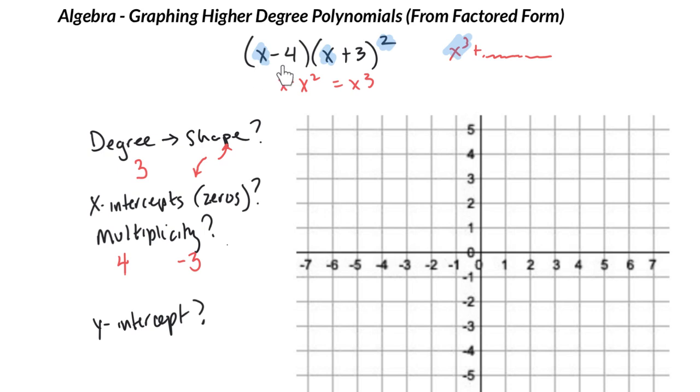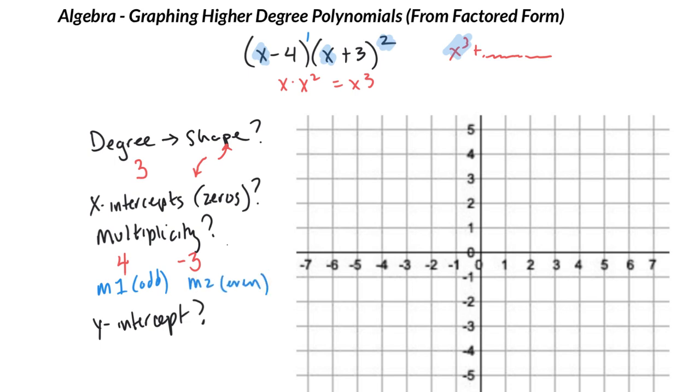This one is x minus 4, and there's nothing written here, and if there's nothing written, we assume it's to the first. So it's got multiplicity of 1, which is odd. Negative 3, on the other hand, because this factor is squared, has multiplicity 2, and that's even.